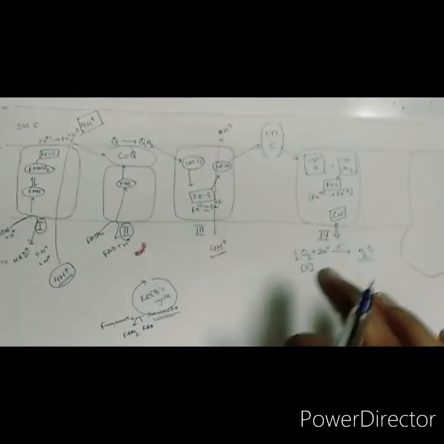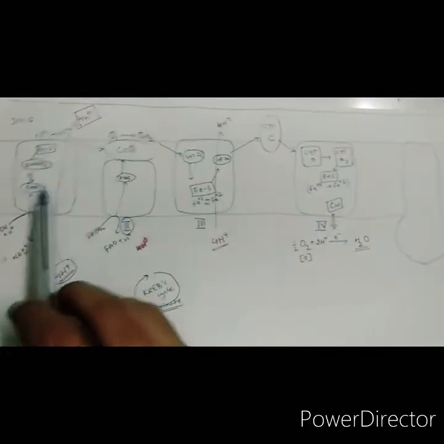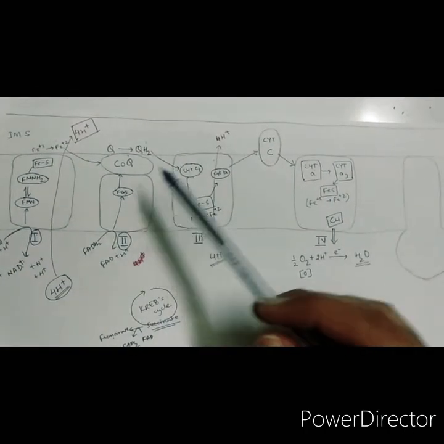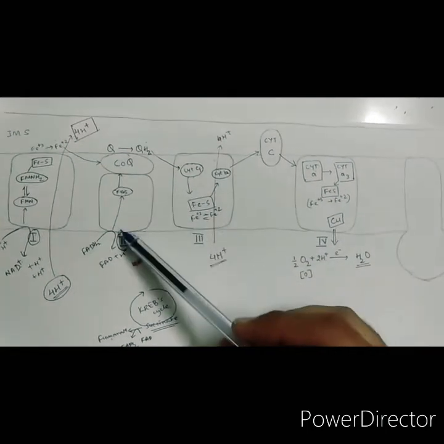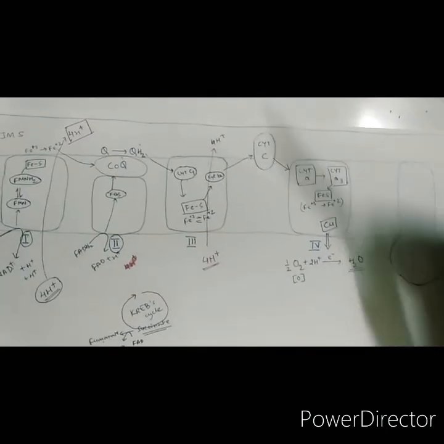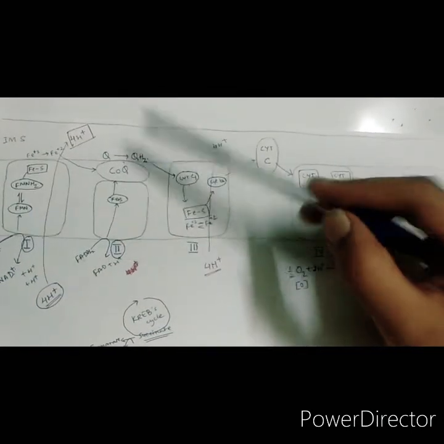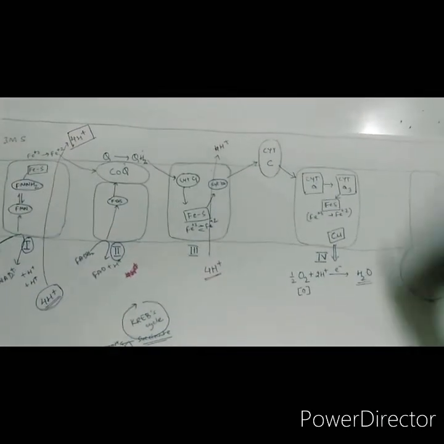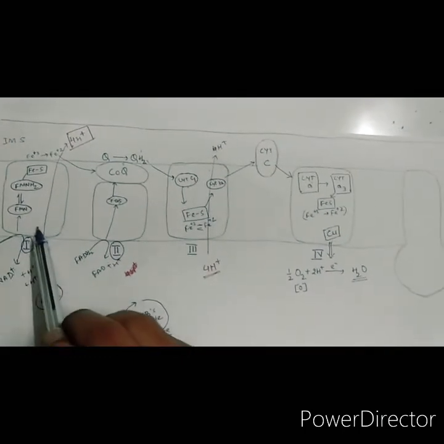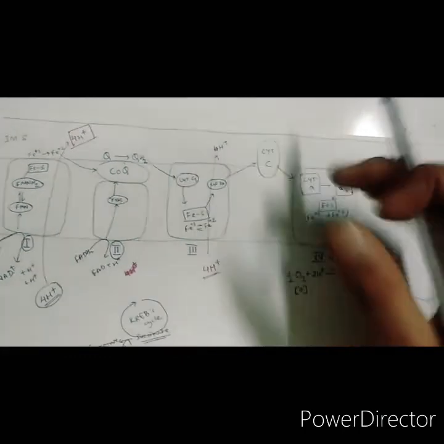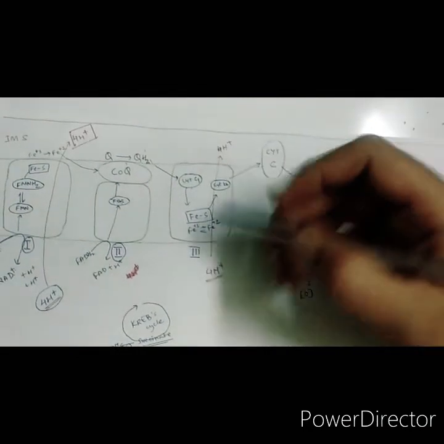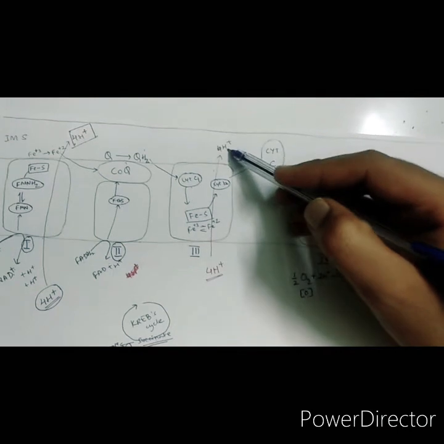So this is basically how the electrons are transferred from complex 1 to complex 4 via different intermediary complexes like complex 2 and complex 3, along with cytochrome C. During complex 2 reactions, there is no transfer of hydrogens from the matrix to the intermembrane space. Only when complex 1 and complex 3 are active are the hydrogen ions pumped from the matrix to the intermembrane space.